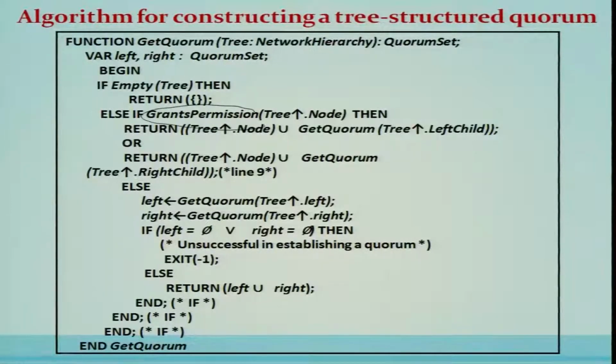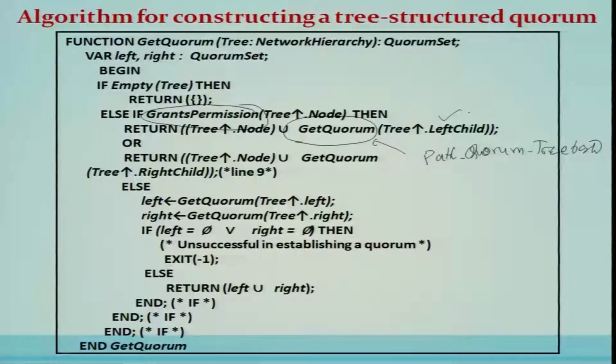The first is called grant permission, and the second is the get quorum function. The get quorum function will give you a path, and the path is nothing but the tree based quorum.